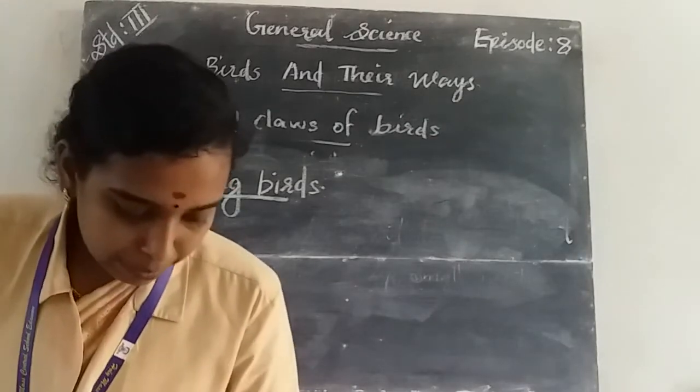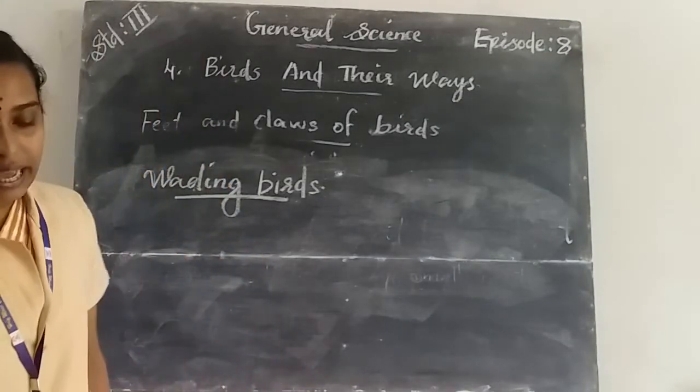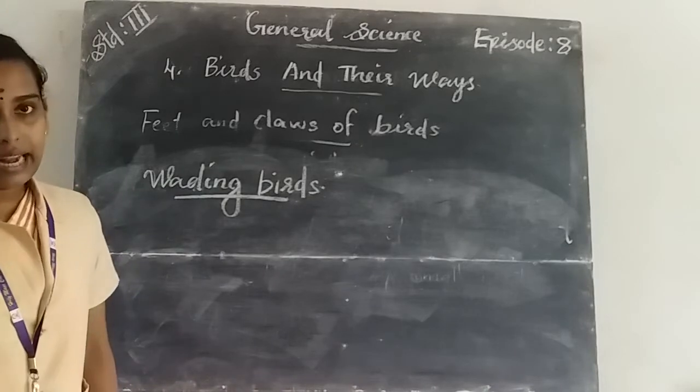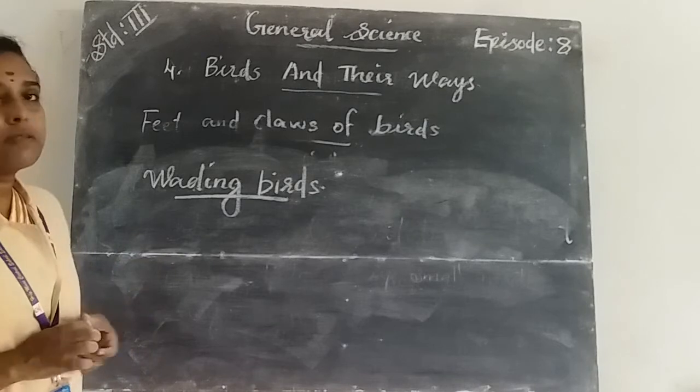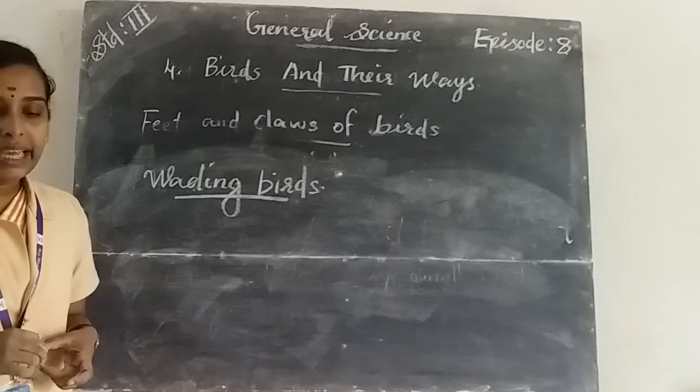Wading birds means they have long thin legs with widely spread toes. Such types of birds are called wading birds.